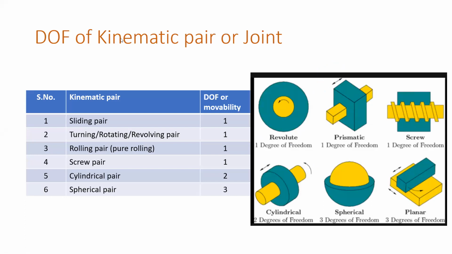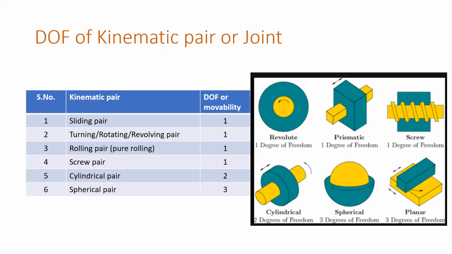So, degrees of freedom of a kinematic pair or joint. How to find it? You have to see how many motions are possible in that particular joint. First is the revolute joint, also called a revolute pair, turning pair, or rotating pair.